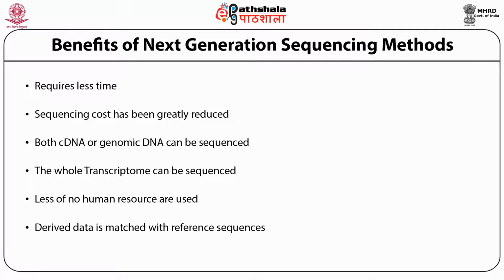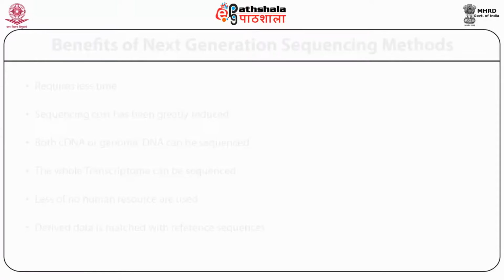The next generation sequencing concept revolutionized sequencing so much that presently 45 human genomes can be sequenced in a day, and the cost has been reduced to $1,000 per genome. You can compare the old genome project and the new next generation sequencing technologies. By next generation sequencing, the time and cost have been greatly reduced.